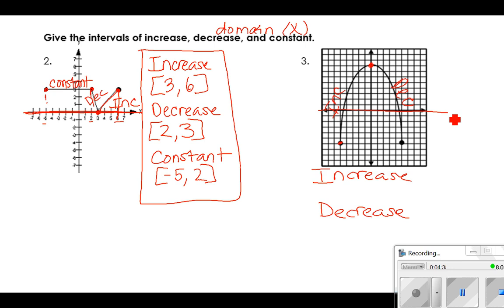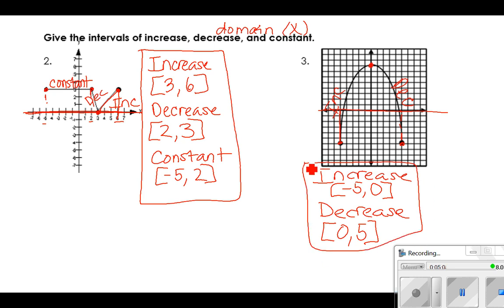So if I go up to the x, that is starting at the -5 for increase. So -5. And it goes all the way to the 0. Then it decreases from 0 to here, which if you go up to the x, is positive 5. And that is your answer for number 3.